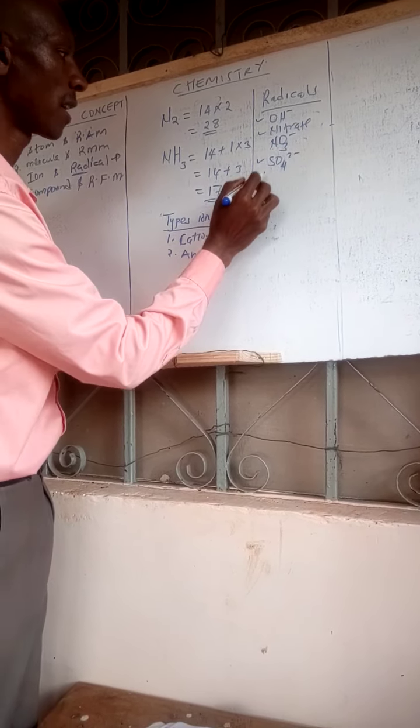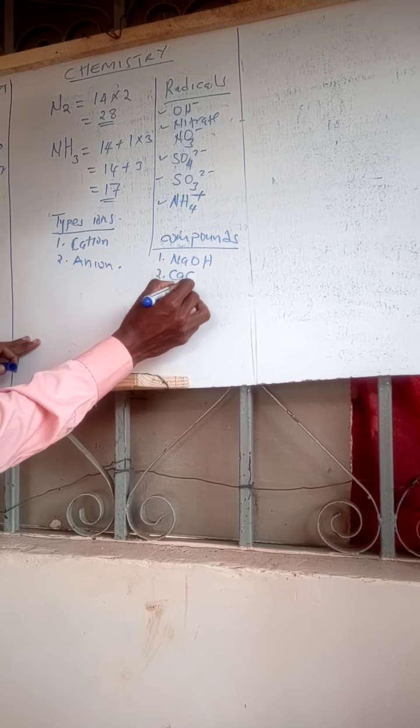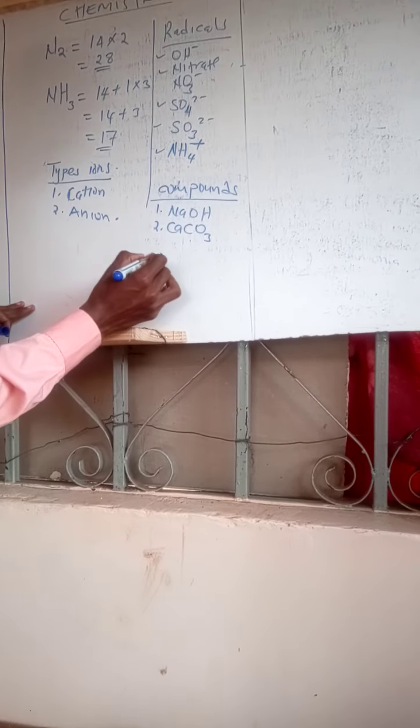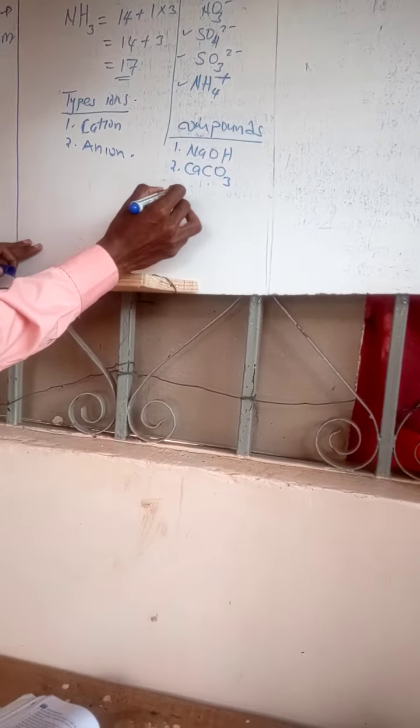The second one, calcium carbonate. Also, we have sodium sulfate. And the relative formula mass of these compounds is what we refer to as RFM, that is the summation of the relative atomic masses of all atoms that are contained in a given compound.